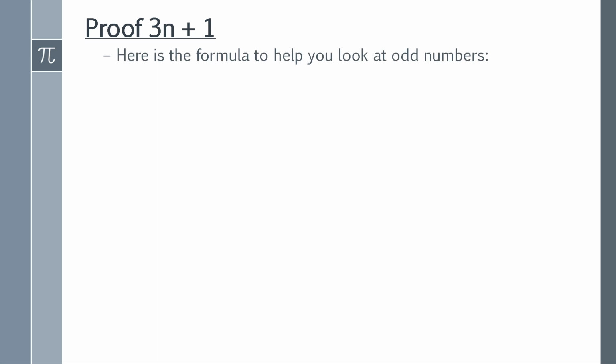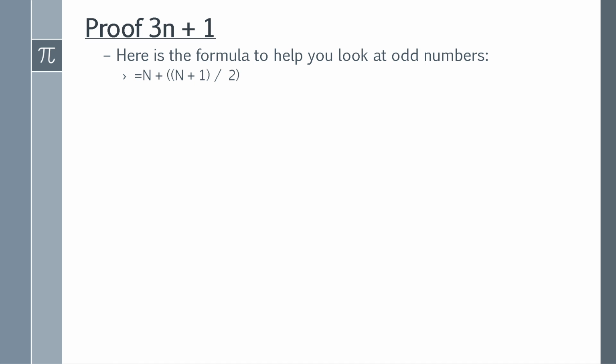But before we do that, I just want to cover a couple things that I've discovered since my last video. The formula to understand what 3n plus 1 is really doing in 2 steps.